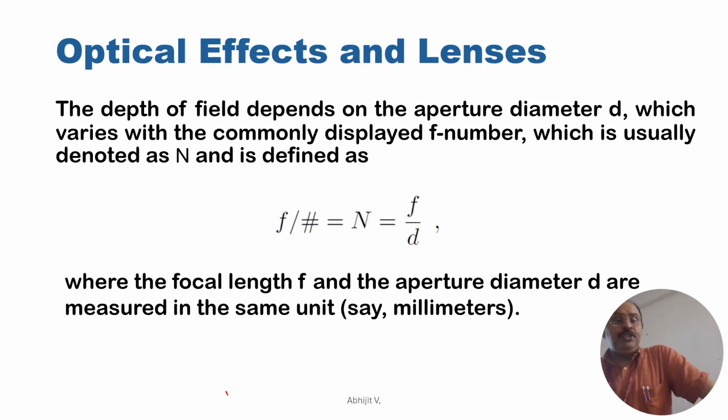Depth variation is denoted by this quantity N, or the f-number.